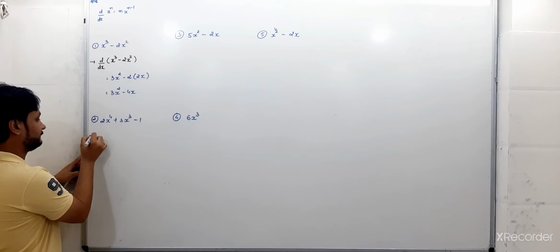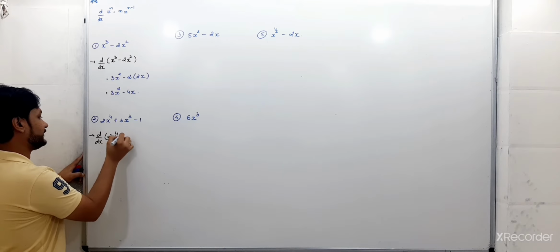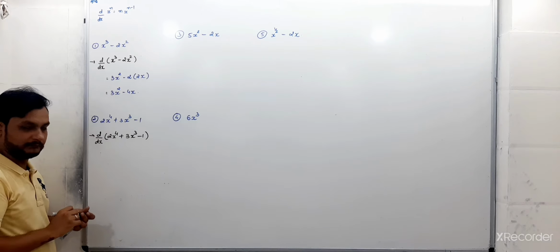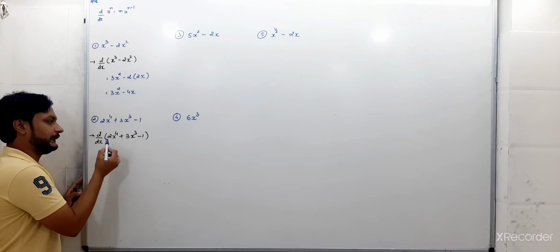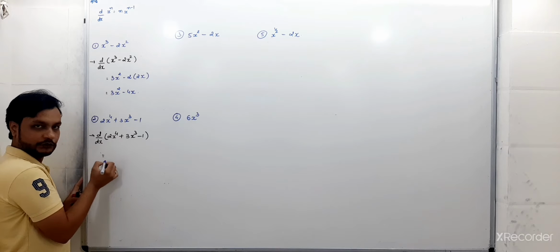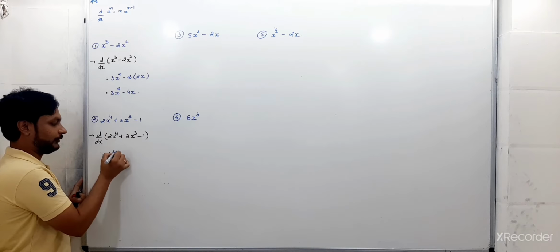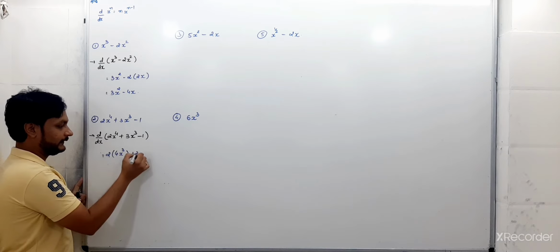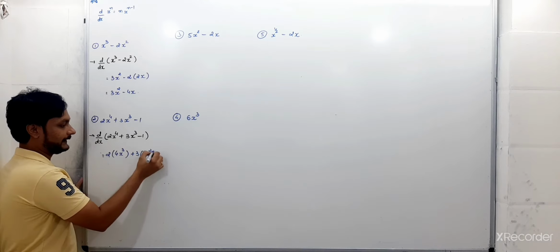Then the second question: d by dx of 2x raised to 4 plus 3x cube minus 1. Now we have to find the answer, so we calculate this separately. First, 2x raised to 4: 2 in multiplication with x raised to 4 gives 4x cube, plus 3 in multiplication with x cube gives 3x square.